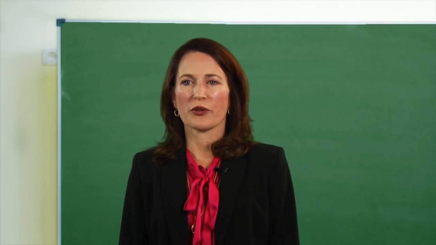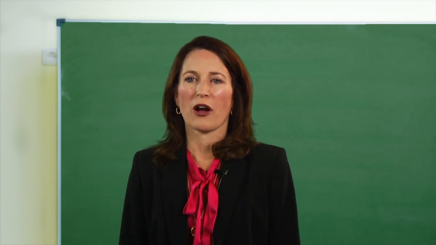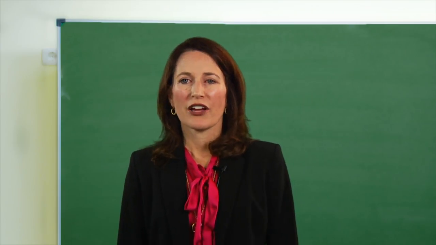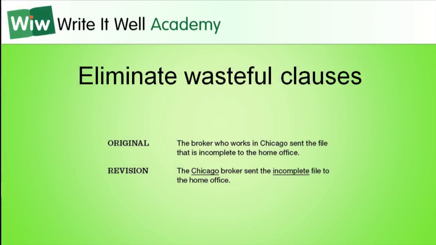Some more examples. The broker who works in Chicago sent out the incomplete file to the home office. A revision might look like, the Chicago broker sent the incomplete file to the home office. Look for any words that you can eliminate in your sentences to tighten up the language.